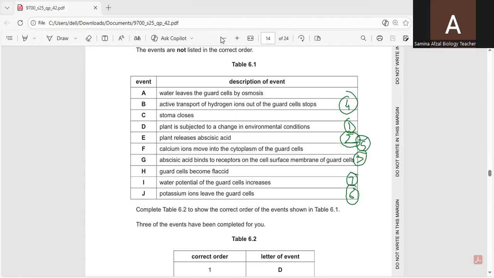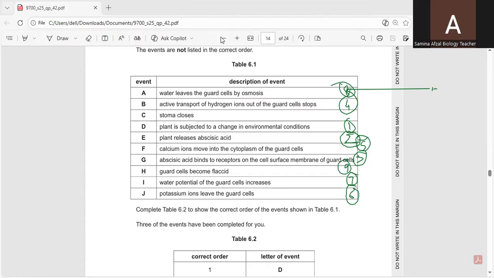The water leaves the guard cells by osmosis, because water moves from its higher water potential towards the lower water potential. So it will move into the surrounding epidermal cells. Water moves out of the guard cells, and then the guard cells will become flaccid.